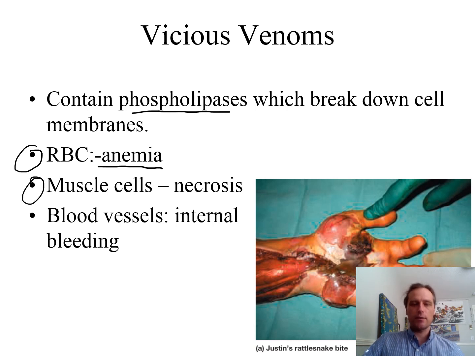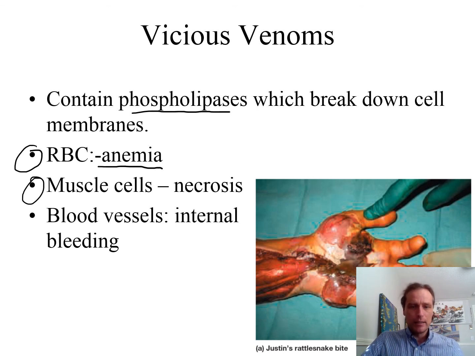Bullet 3, muscle cells, that'll simply break down the muscle cells, because we're breaking down the phospholipids that form the cell membrane, and so it leads to necrosis. You don't need to memorize that word, but it's, I think, kind of a cool word anyway. So death of tissues, death of muscle cells, and here's that picture showing that.